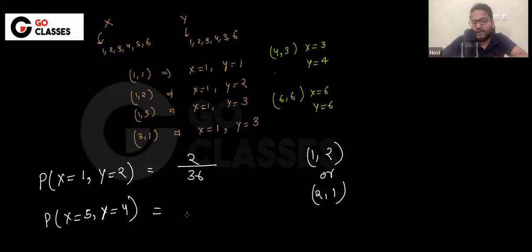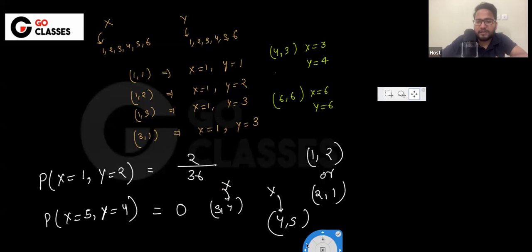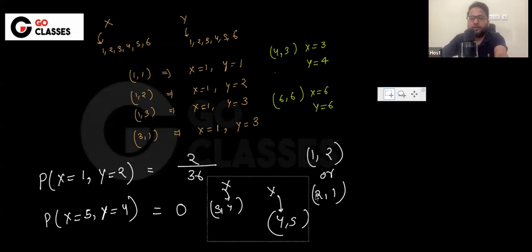If you get 4 5, you will say x is 4, right? If you get 5 4, you will say x is 4. X is always the smaller number. So the probability is 0 here. So if x is greater, then obviously we are not much interested there. If x is greater, then the probability will be 0.